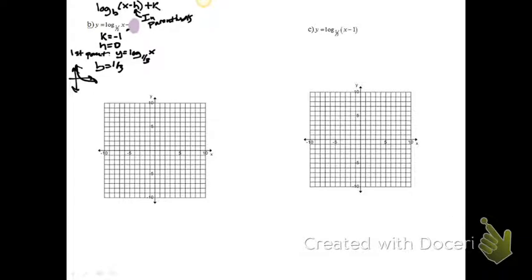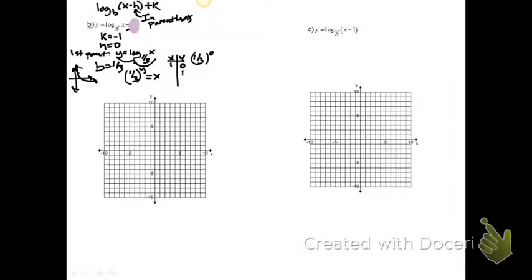What I'm going to do now is rewrite this in exponential form. So the base 1/3, I should really put this in parentheses, to the power y equals x. This is my function in exponential form. I'm going to make an xy table, and remember, you don't plug in the x's, you plug in the y's. If I plug in 0, I get 1/3 raised to the 0, which is just 1.